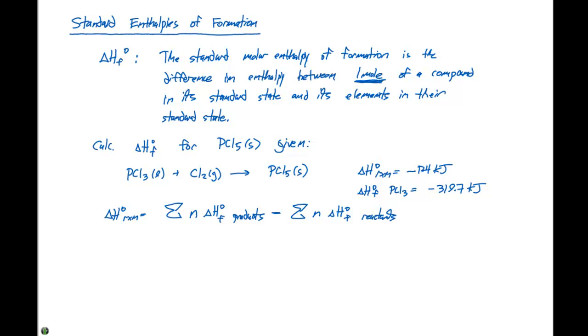So what this is going to tell us is that the delta H naught of the reaction is going to equal the sum of the delta H naught of formation of the products, which would be 1 times the delta H naught of formation for PCl5, minus 1 times the delta H naught of formation of PCl3 plus the delta H naught of formation of Cl2.